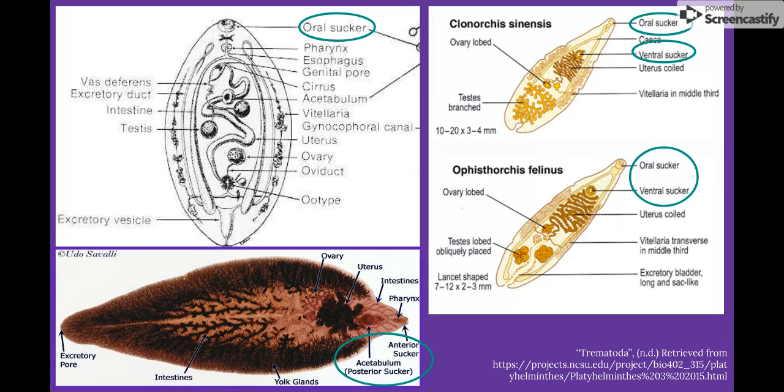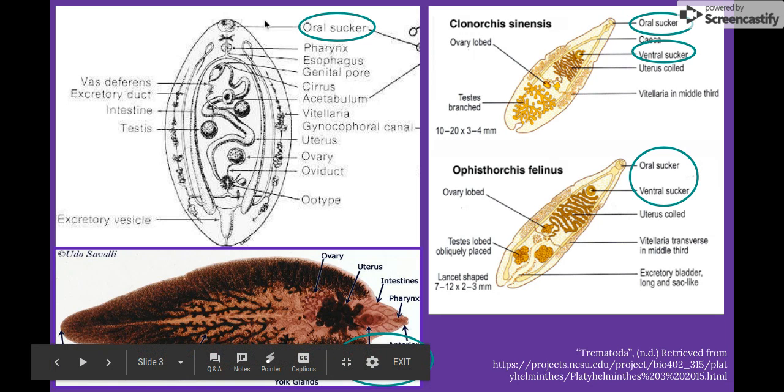The oral sucker: they're parasites, so they usually need to attach onto the host somehow. And most of them have at least one. And these other ones, I believe this is a blood or liver fluke. Yeah, no, I think this is a blood fluke.